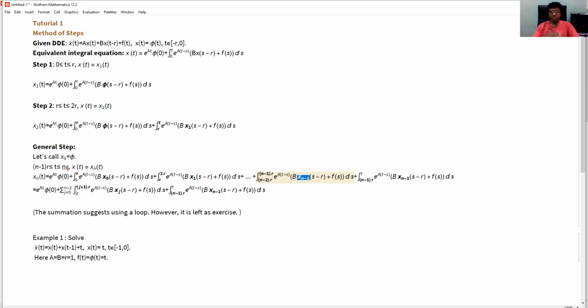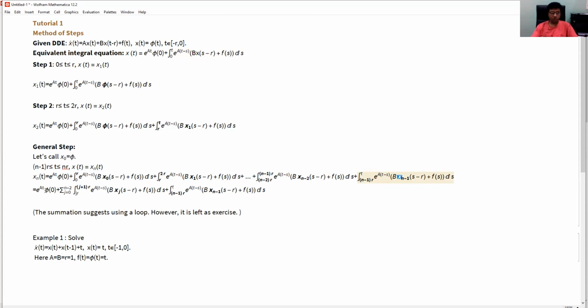So we have to reach up to that interval, and this x is replaced by x n minus 1. Whatever we already have, when we are finding xn, it is assumed that we already have x0, x1, x2 up to xn minus 1.